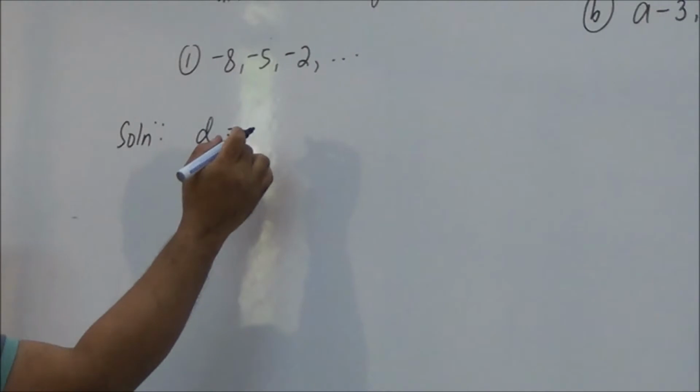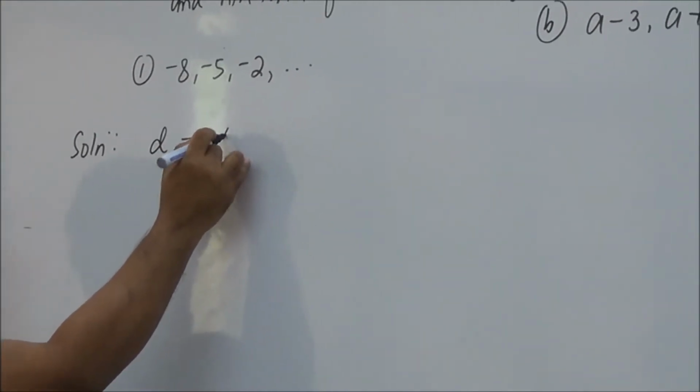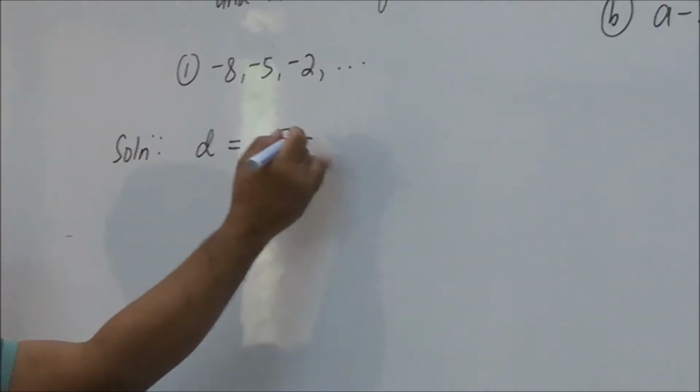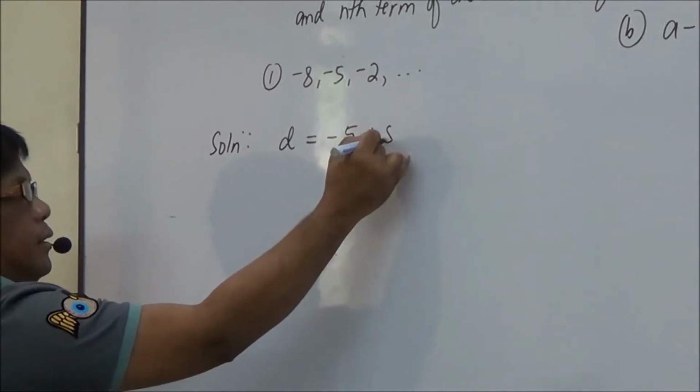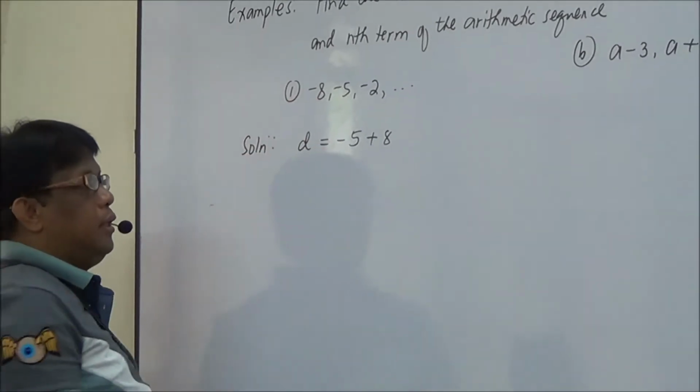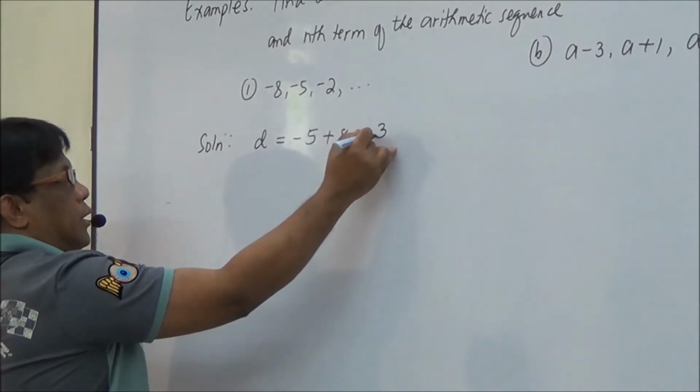You can find it by taking the second term, negative 5, minus the first term, so that is plus 8, because it's negative 5 minus negative 8. The answer is equal to 3.